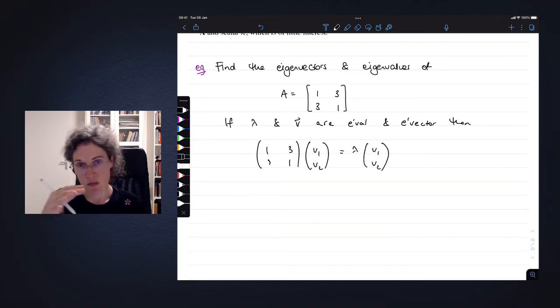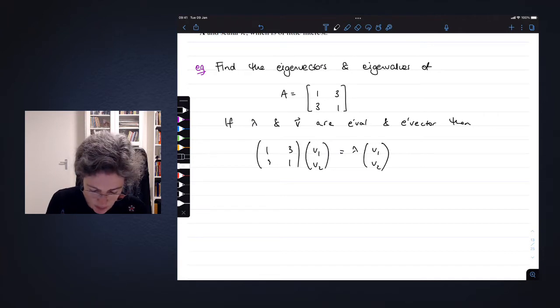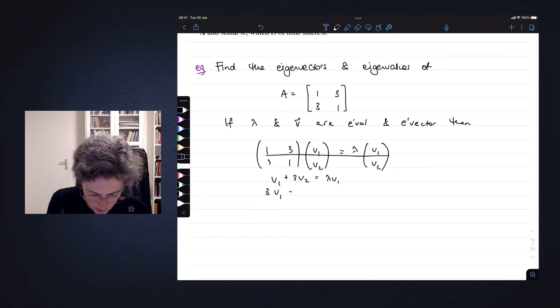We can matrix multiply this out to get two equations that we can hopefully solve together. We get v1 plus 3v2 is equal to lambda v1, that's our first row, and 3v1 plus v2 is equal to lambda v2.